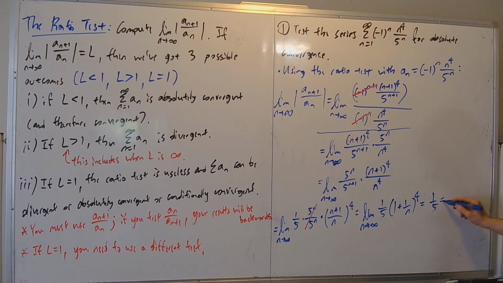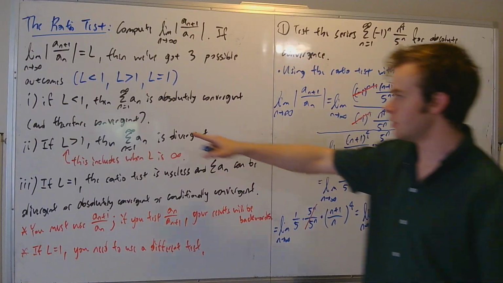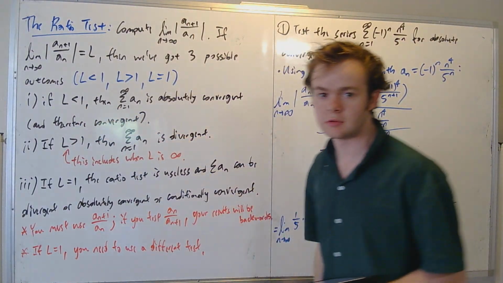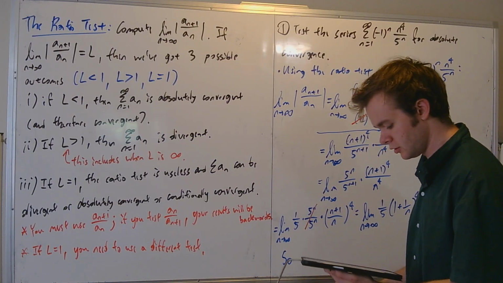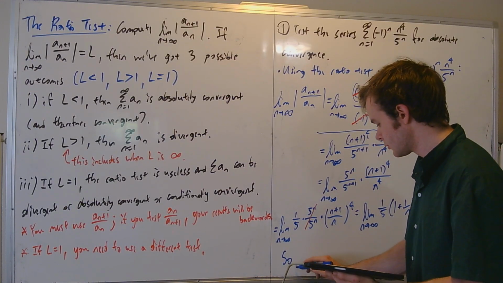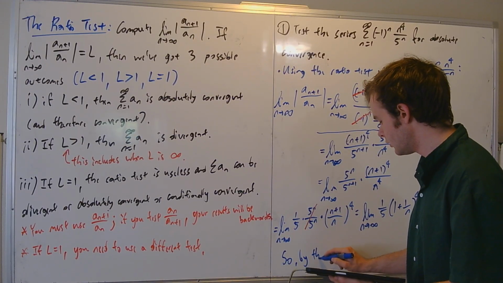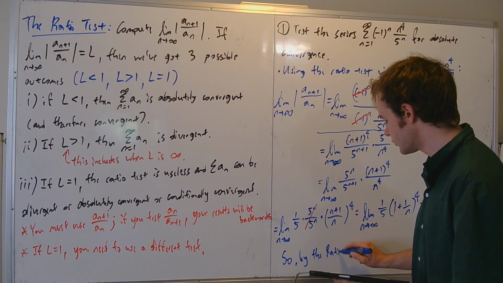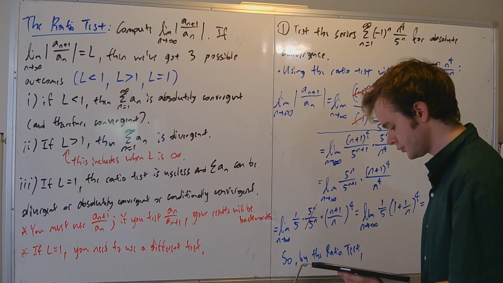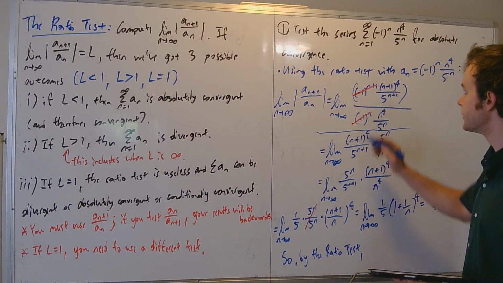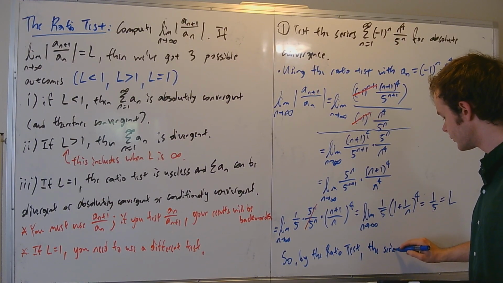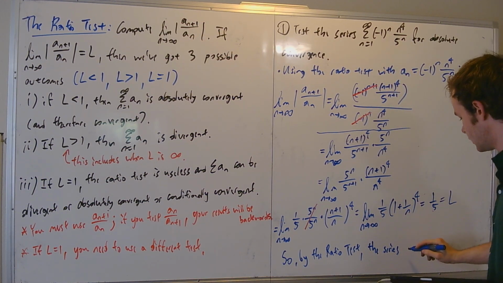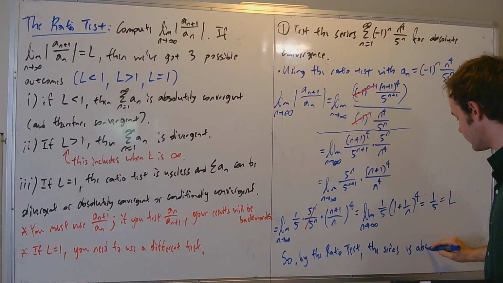And then we said that was equal to L. So we said if L is less than 1, then our series is absolutely convergent. So our conclusion here is, by the ratio test, this series here is absolutely convergent.